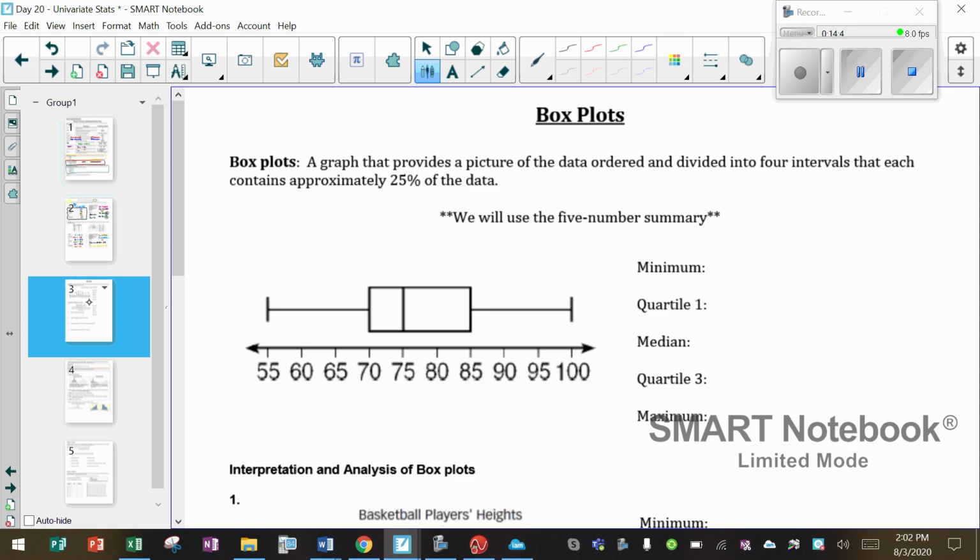All right, next for our one variable statistics, the 5-number summary, minimum, Q1, median, Q3, maximum, is oftentimes used to create a box plot. So a box plot shows the 5-number summary, and the 5-number summary is used to make a box plot.